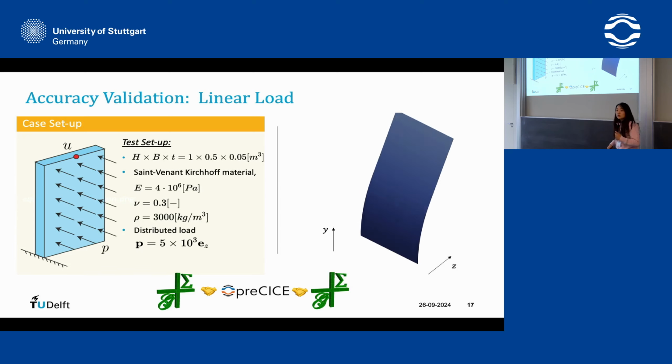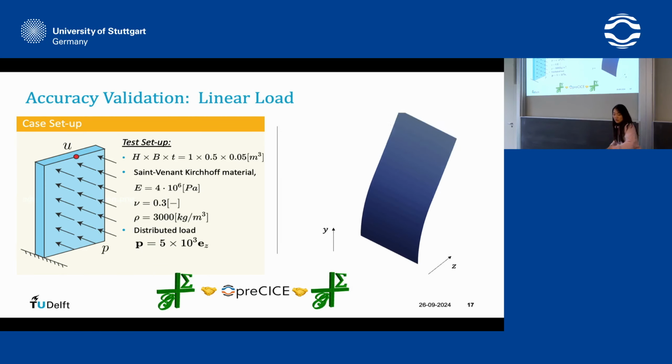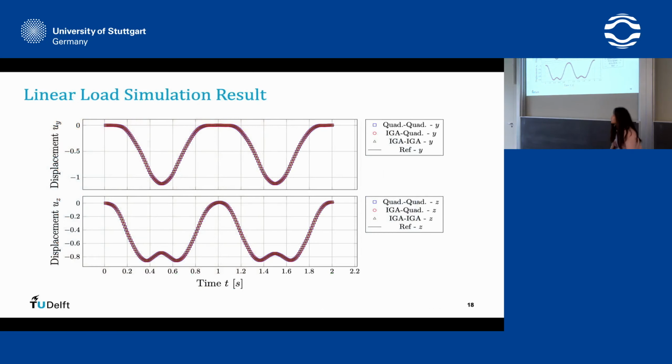We want to see if these 3 types of coupling can give the same result. As you can see here, these 4 lines lie on top of each other. That means our new coupling methods also give the same result as exchanging with quadrature points.